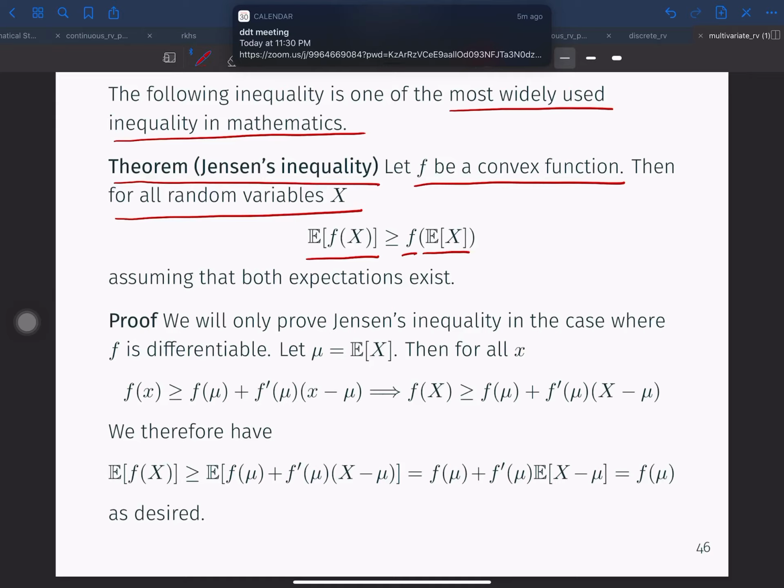So for a convex function, the expected value of the function is bigger than the function of the expected value. Assuming that both expectations exist, and we generally have to assume that the expected value of x lies in the domain of convexity of f.